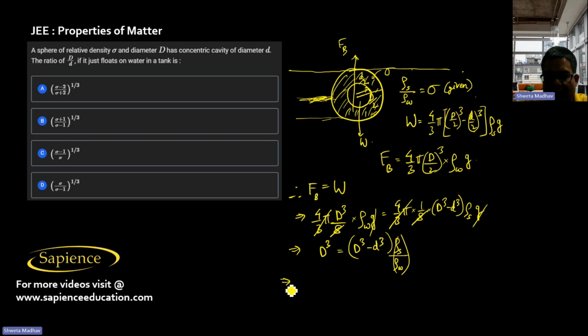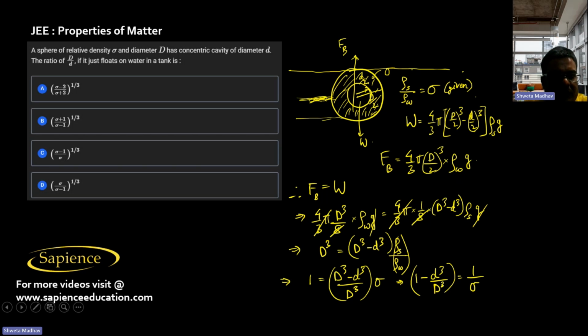So therefore I can say that 1 is equal to d cube minus d cube by d cube into sigma. So therefore I can say 1 minus d cube by d cube is equal to 1 by sigma.